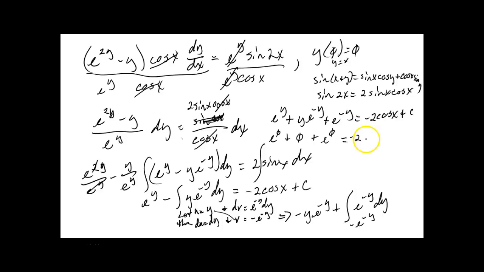What's cosine of 0? 1. So that's minus 2 plus c. What's e to the 0? 1. This is 0. What's e to the 0? 1. So you have 2 equal minus 2 plus c. C is equal to, say again?